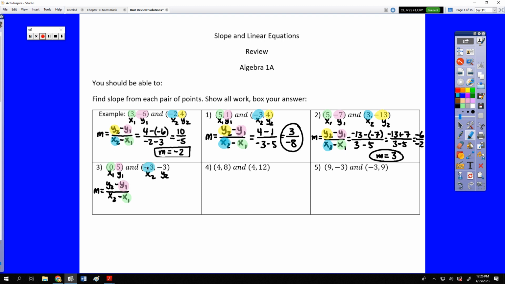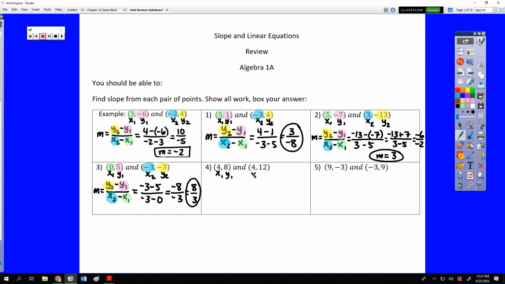Negative 3 for x2, and negative 3 for y2. Plug those numbers in. We are looking at negative 3 minus 5 divided by negative 3 minus 0. That would be negative 8 divided by negative 3. A negative divided by a negative is a positive. The slope is 8/3.